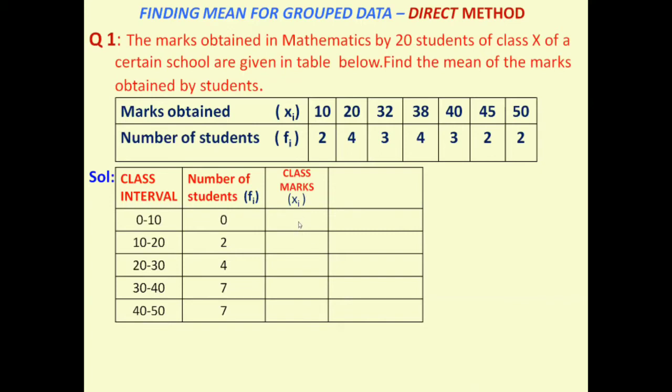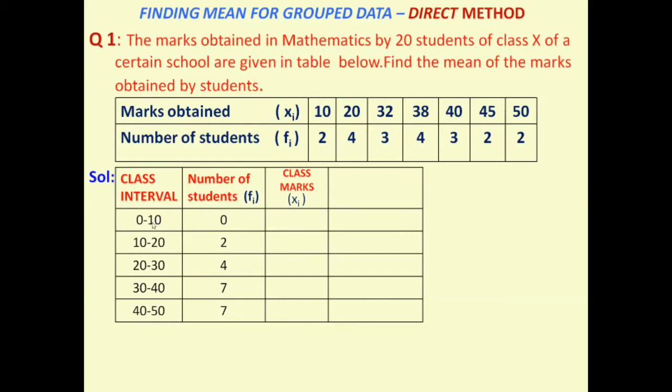How to find class mark? Here in the first column, we have class intervals, 0 to 10. We take this data into groups. For 0 to 10 marks, how many persons we have, that we have to write. Here 0 to 10, how many do we have? Nobody, because here we have 10 marks. We have to take up to 10 only, not including the 10.